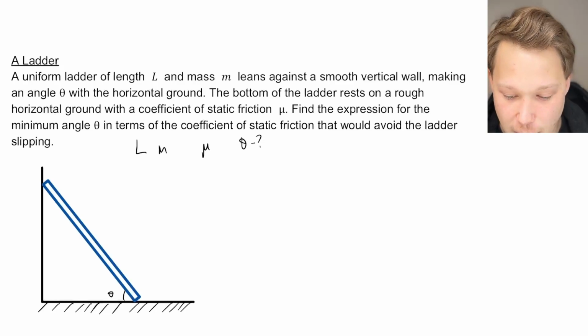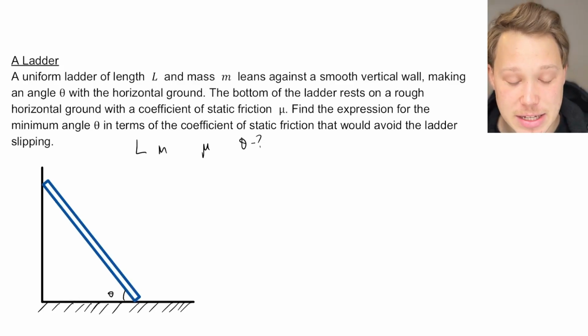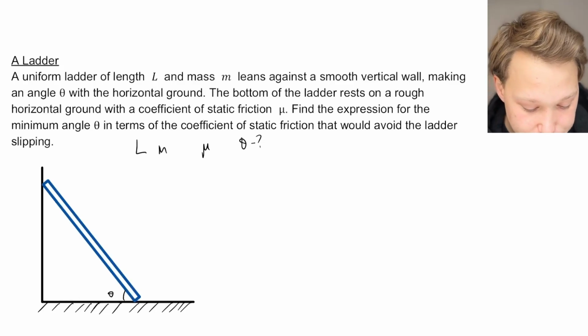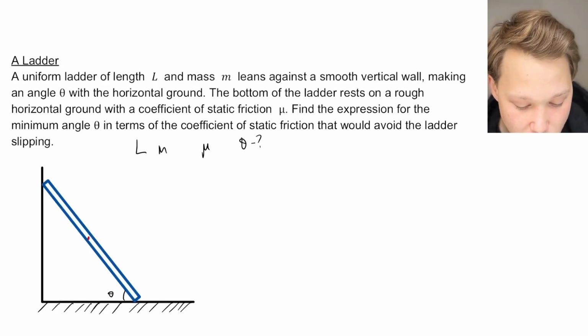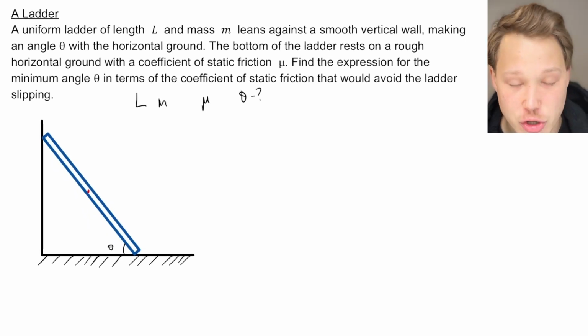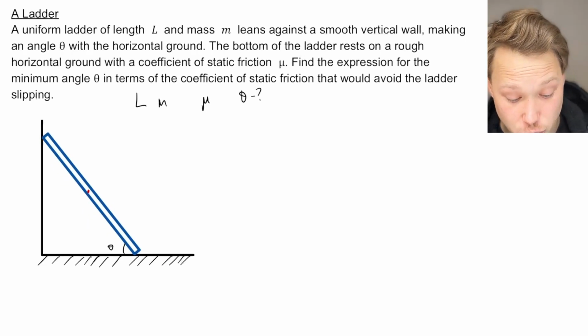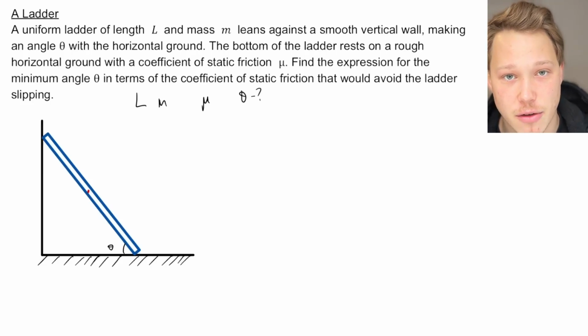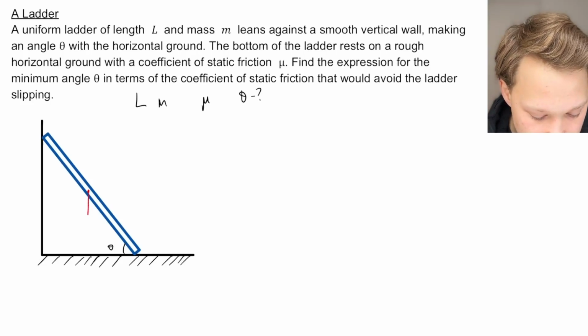Fantastic. So as always, the first step, let's label the forces that we have here. Now we're making this diagram for the ladder itself. So there's going to be a gravitational force as always from the ladder.